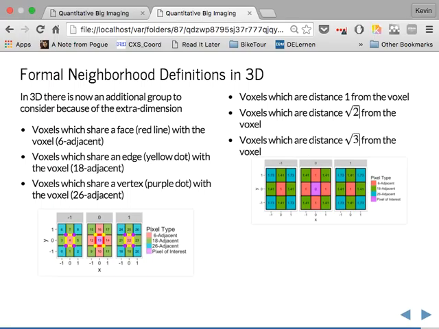And this definition is particularly important to consider when you think about the system that you're trying to understand. If you're looking at a diffusion process, for example, then the ones that share faces in 3D, or edges in 2D, are the ones you're going to be most interested in, because something can't flow through a vertex or through an edge in 3D.